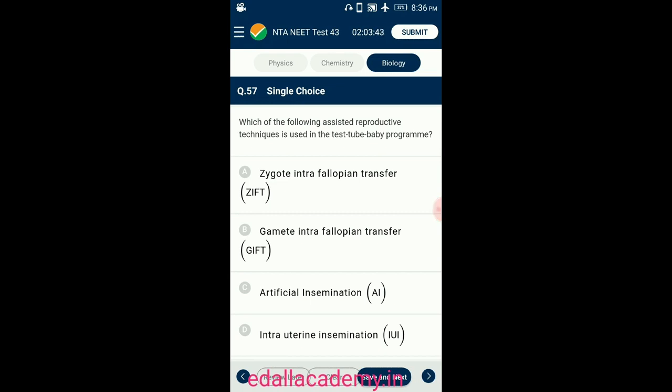The resultant zygote or early embryo up to the 8-celled stage is transferred to the fallopian tube of the mother to complete its further development, generally called ZIFT. So the answer for this question is option A, zygote intrafallopian transfer.